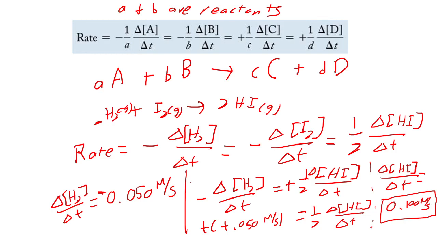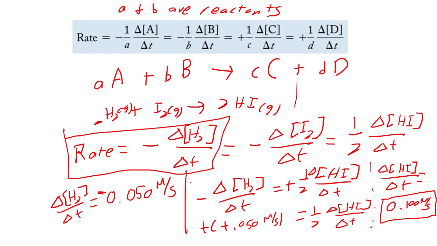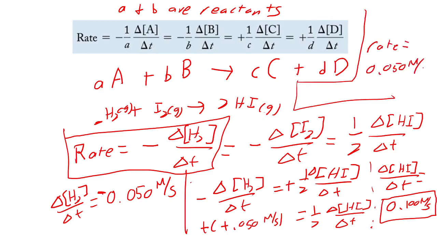Now for the rate of the overall reaction, I could plug it in, and we have this relationship here related to hydrogen. So in this case, I would just multiply this by -1, and I would get for the overall reaction, the rate of the overall reaction is going to be 0.050 molar per second.